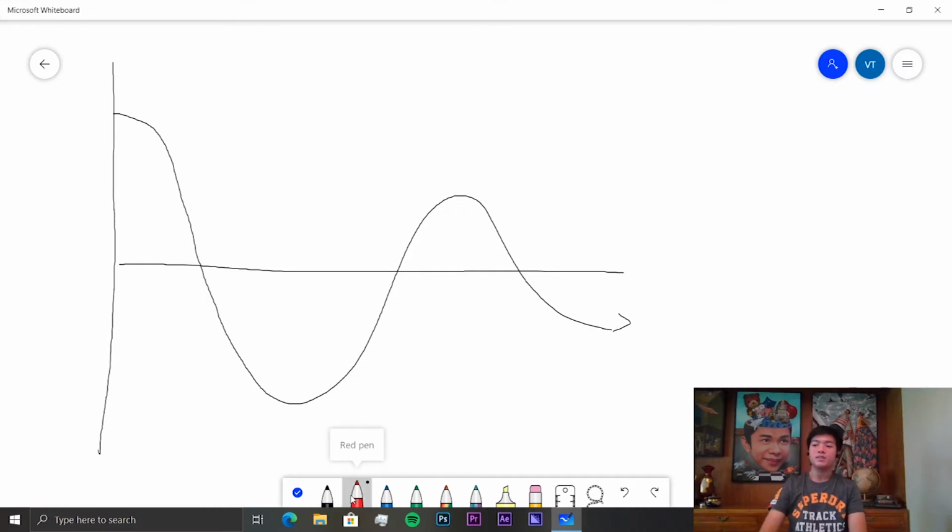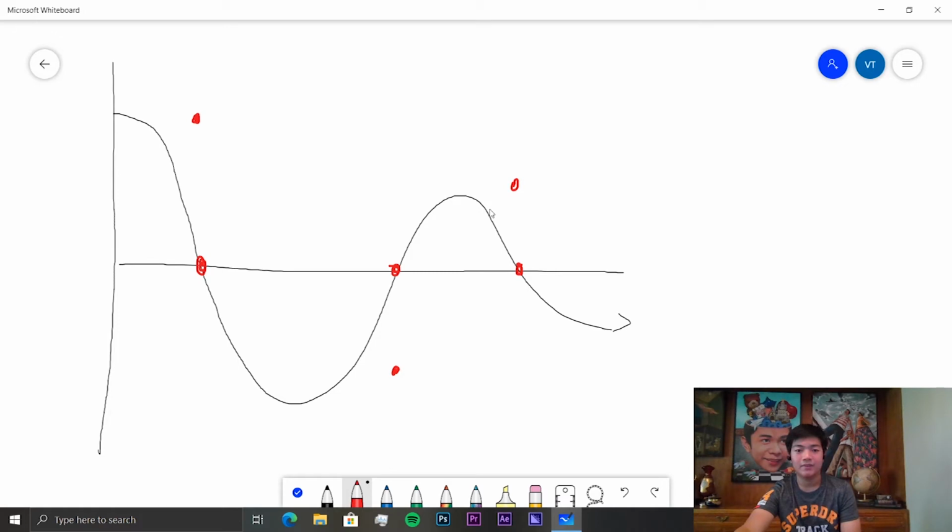Given that this is the derivative, the zeros on this derivative will be the maximums and minimums of the original graph. As you can tell, this is negative, this is positive, so this will probably be a minimum somewhere. This is negative, this is positive, this is negative, so this will be a turning point somewhere. This will be a maximum, minimum, and then we have maybe another maximum somewhere here.